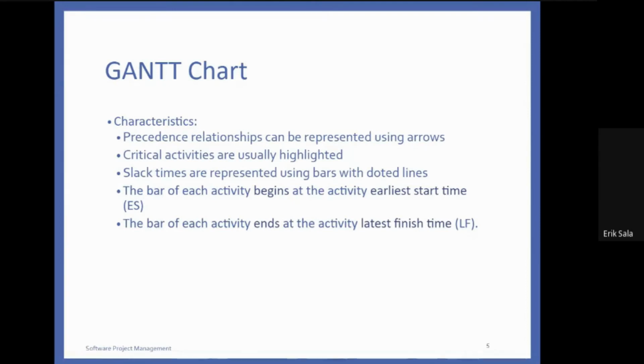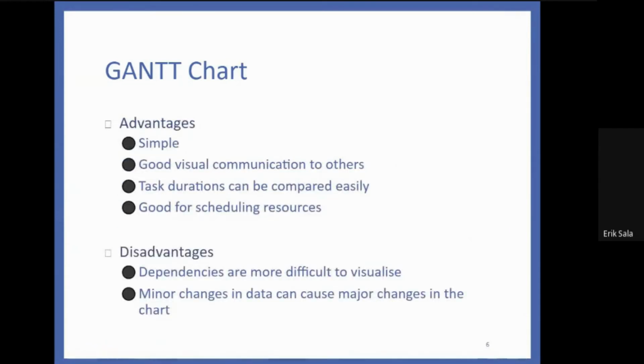Precedence relationships can be represented using arrows. Critical activities are usually highlighted, and slack times are represented using bars with dotted lines. The bar of each activity begins at the activity's earliest start time, and the bar of each activity ends at the activity's latest finish time.